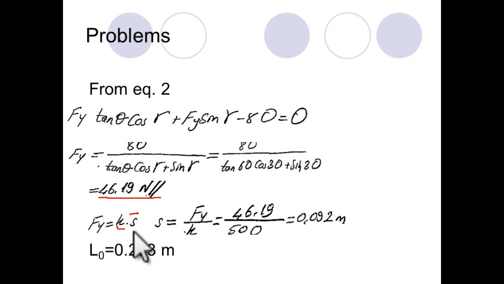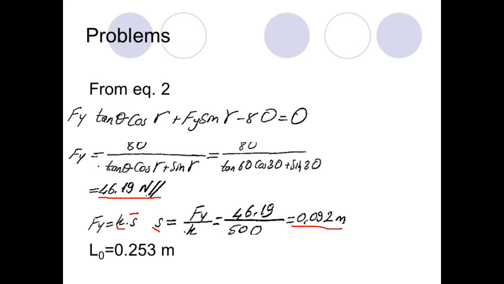Again, I'm using the SI system, so I'm using meters. From here, I can calculate the elongation of the spring S. It is Fi divided by K. So Fi has the value of 46.19 and K has the value of 500. From here I can find the elongation in the spring, 0.092.